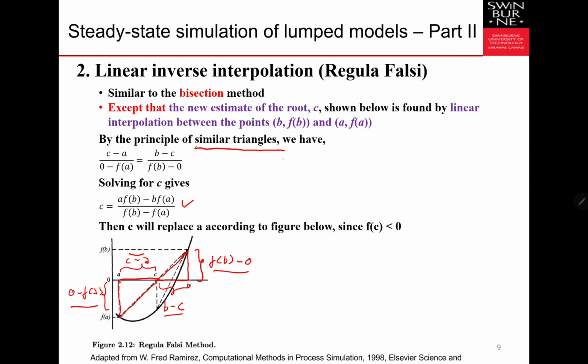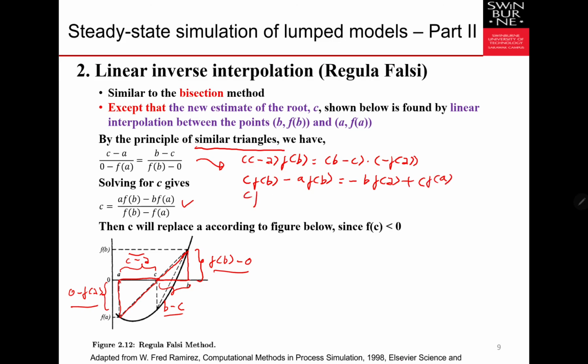If I derive it a little bit here, based on this, C minus A multiplied by FB will be equal to B minus C multiplied by minus FA. Then CFB minus AFB will be equal to minus BFA plus CFA. So CFB minus CFA equals AFB minus BFA. I was using two different As, so I just revised this.